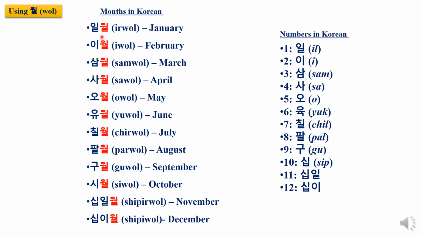Then that's the months: January, February, March, April, May, June, July, everything. Ilwal, Iwal, Samwal, Sawal, Uwal, Uwal, Chilwal, Palwal, Guwal, Shiwal, Shipilwal, Shipiwal.